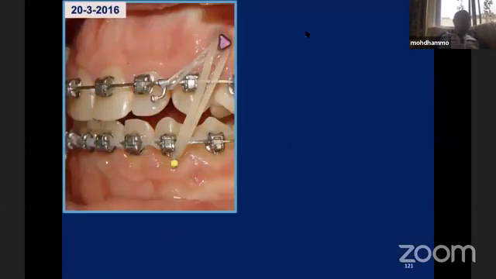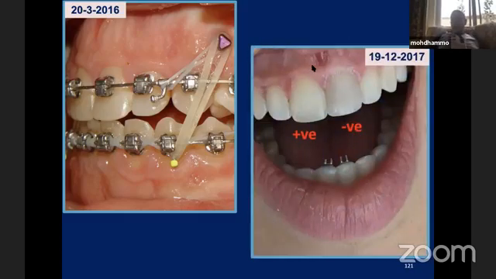Here, this patient had orthodontic treatment in March 2016. And in December 2016, you can see when this patient visited me because the tooth here is discolored.